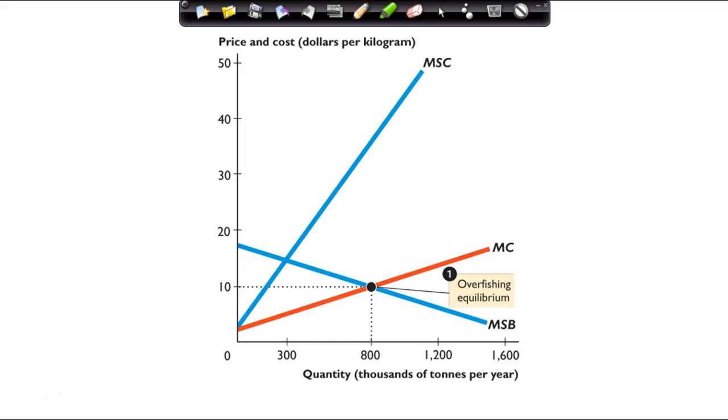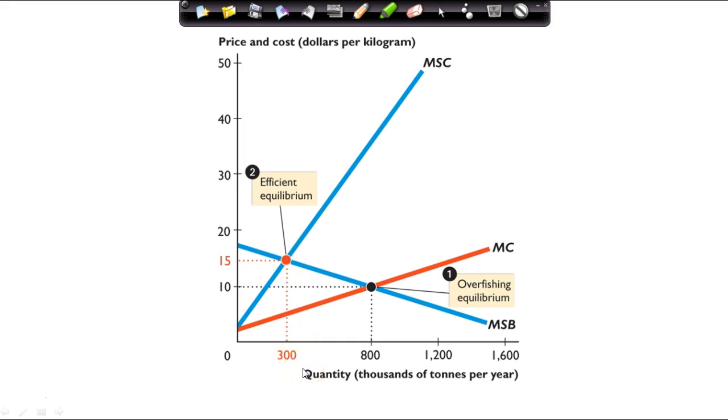So the equilibrium, the allocatively efficient quantity to be fished, would be at the point where the marginal social benefits equal the marginal social costs. And that's at $15 and 300 units.